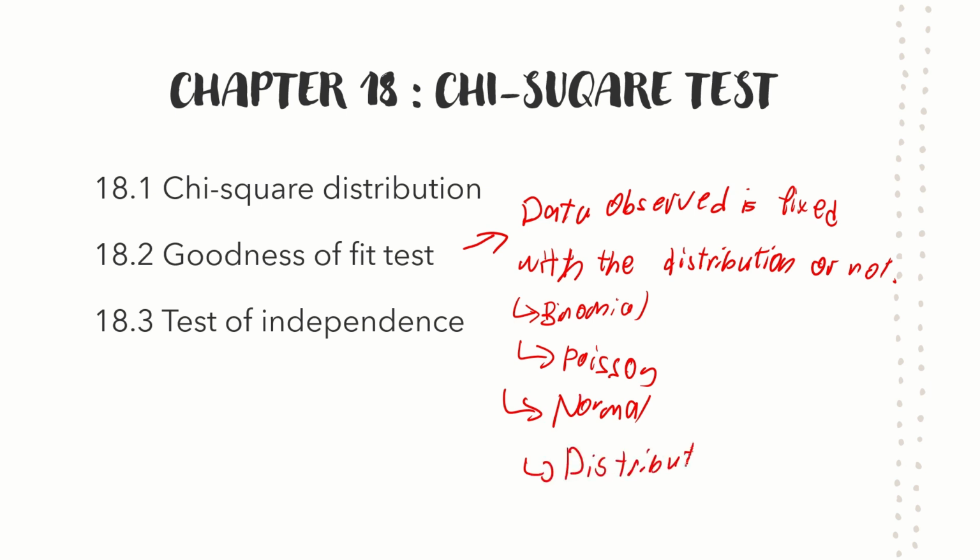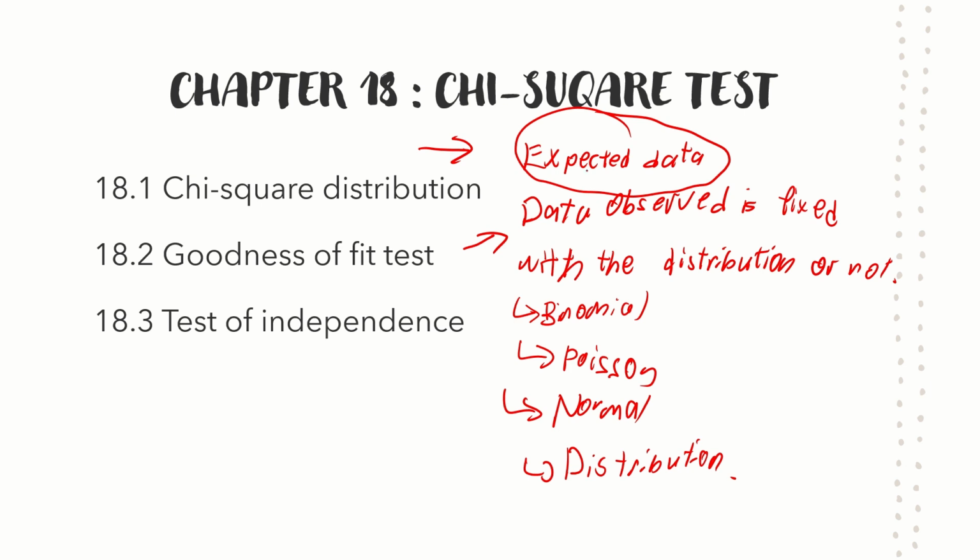In this chapter you will have two kinds of data. One is the data you observe, where you make an experiment and observe the data. The other is expected data, which is the data you want to get. How do you get the expected data?